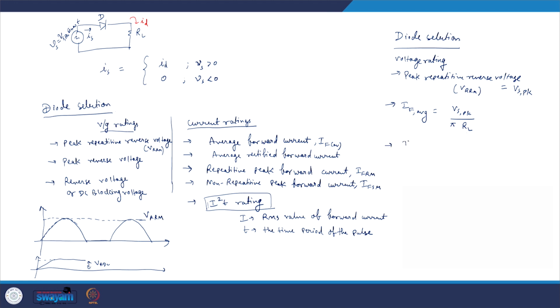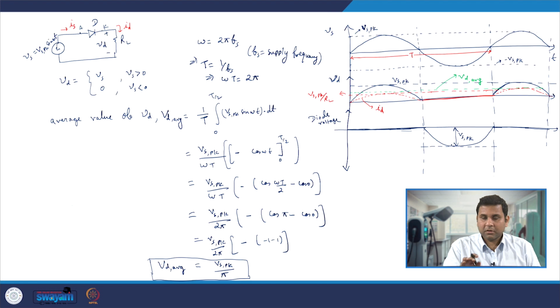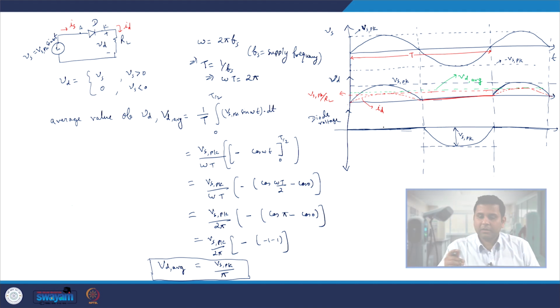Similarly, one can also calculate the RMS current going through the diode, as 1 by T, because this diode conducts from 0 to T by 2 and then it is 0, and then again it starts conducting. So this conduction of the diode repeats after the time T.